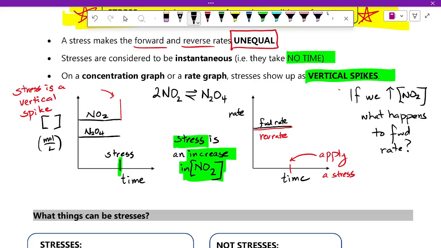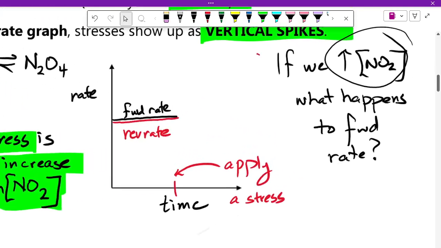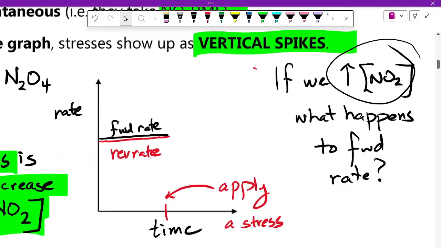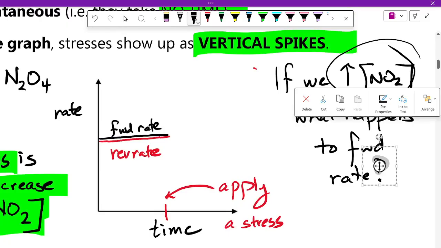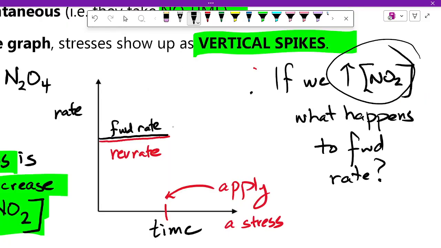Let's vote on this one. You can vote increase, decrease, stay the same, or you can also vote, I don't know yet, which is also perfectly fair. 5, 4, 3, 2, vote. Yes, it is going to go up. The forward rate is going to go up. And because that is a stress, what should it look like on the graph? It should look like a spike. So that forward rate is going to go straight up.